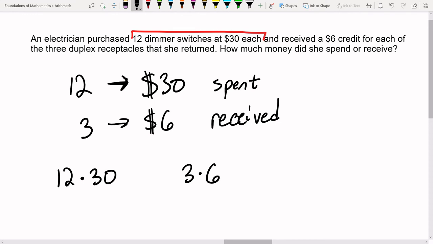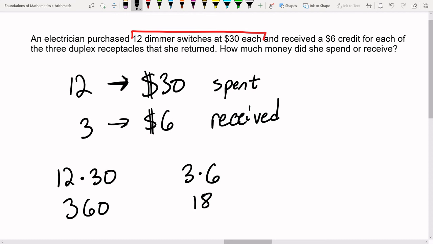12 times 30. You can use a calculator for that. That's going to be, let's see, 360, I believe. And then 3 times 6 is how much she received, which is just 18. So she spent 360, she received 18.